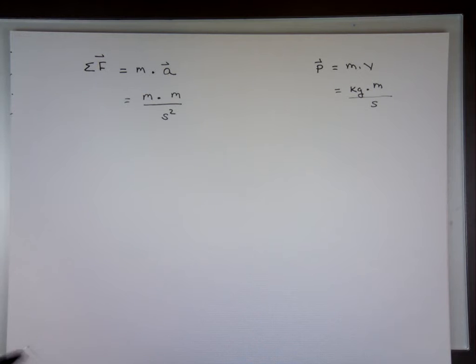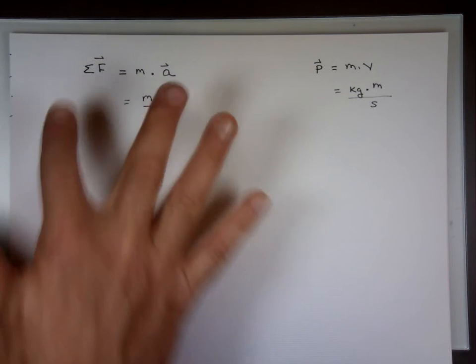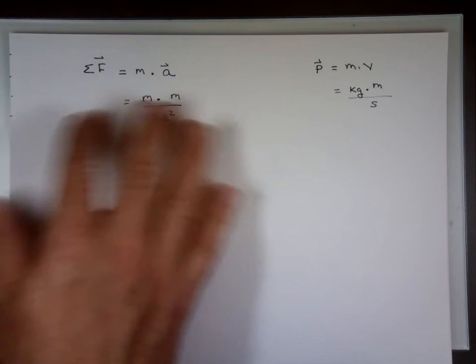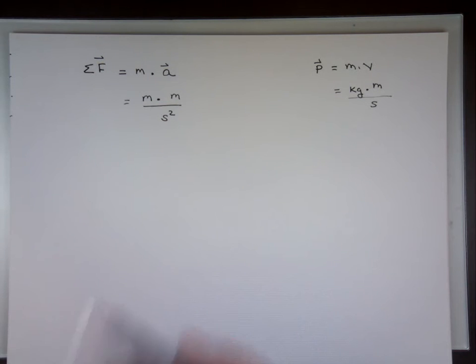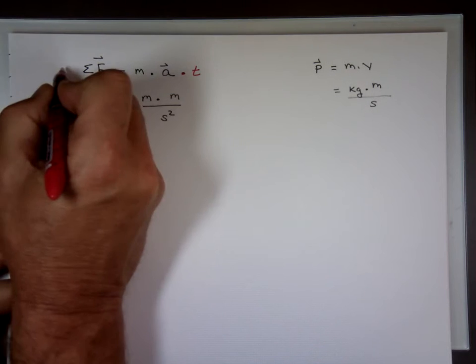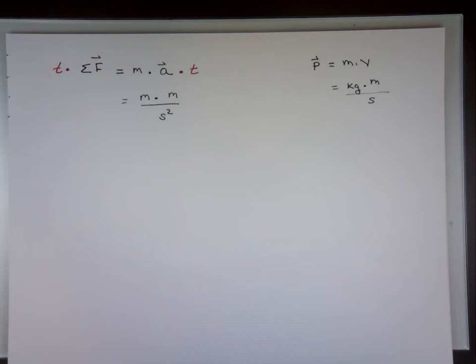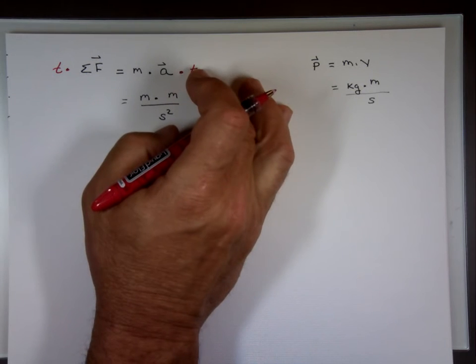Watch the math now. What will happen if I multiply both sides? Because that's an equation. You can't just leave it alone and go, okay, I don't know what to do. If I multiply one side by t, I got to multiply the other side by t. I have to. Whatever you multiply this side by, you got to multiply this side by the same thing.